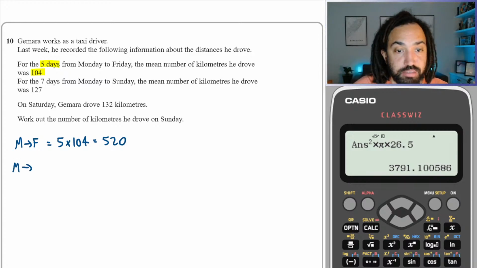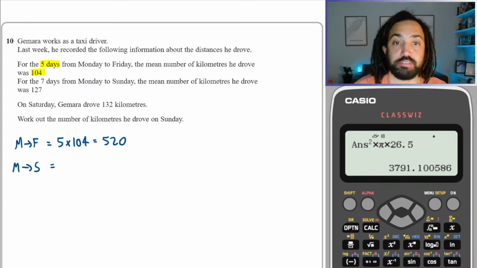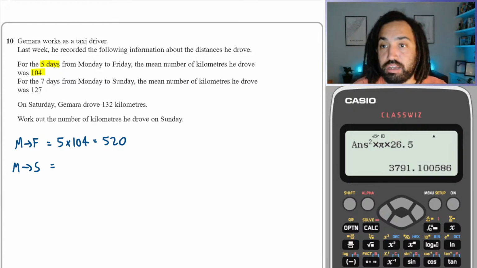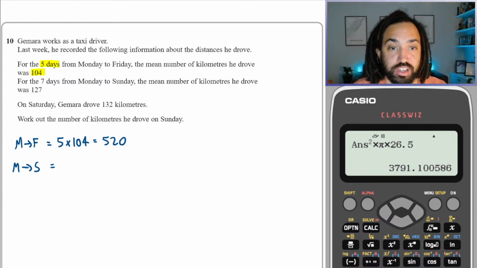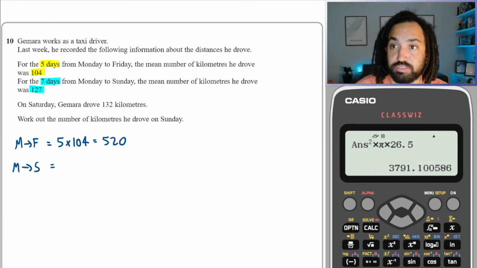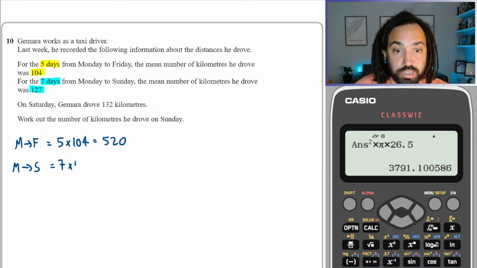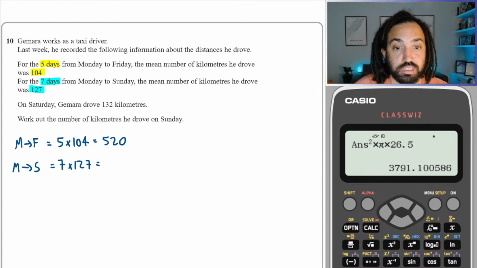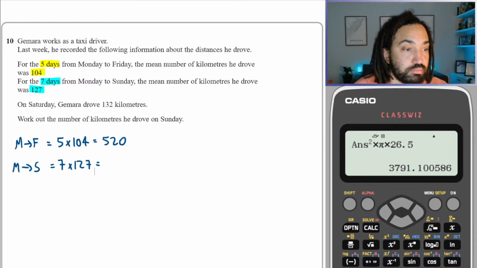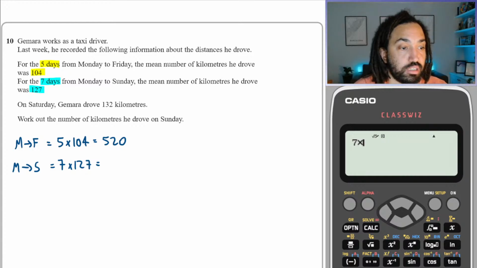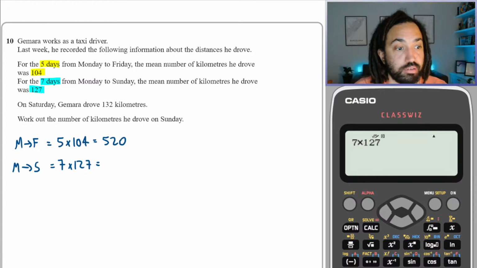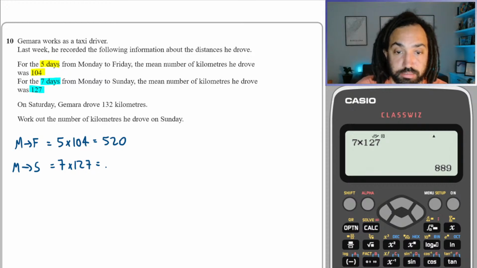And we could do the same from Monday to Sunday. If on average for 7 days they drove 127, then we do 7 multiplied by 127. I'm not going to do that one in my head. What we're going to get here is 889.